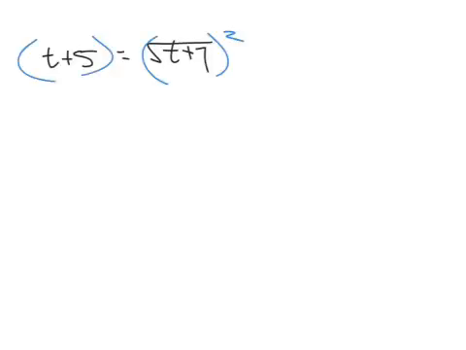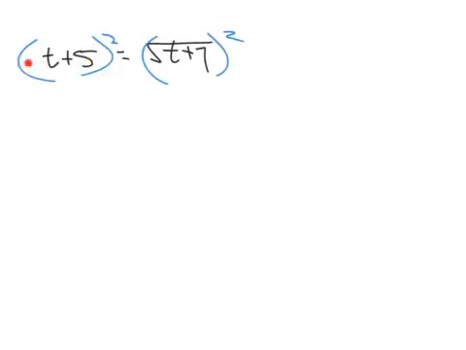The next example is 4, and they give us t plus 5, and they're saying that that's equal to the square root of t plus 7. Okay, do the same thing. We square both sides. Now remember, when we square both sides here, we're not just squaring the 5 and getting 25 and the t and getting t squared.